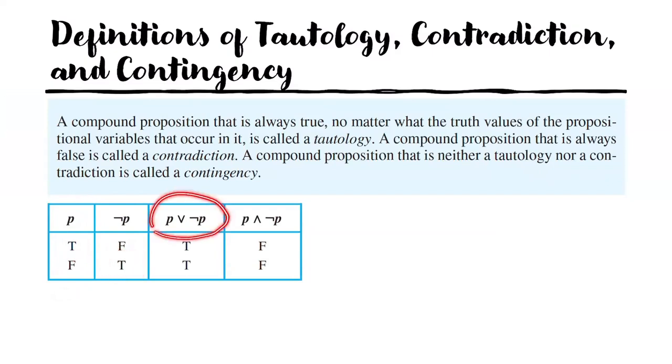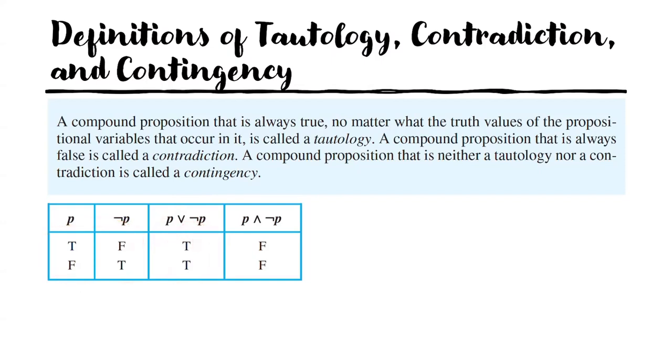Then if we apply the disjunction on p or not p, we will get both true, right? Since a disjunction is only false when both of its propositional variables are false, but you don't have them both false, so it will be true.